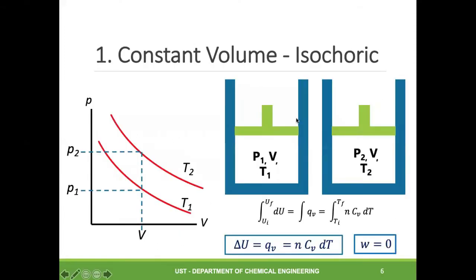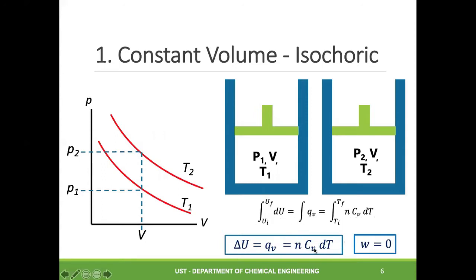Now, let us take constant volume or isochoric. For constant volume, you know that work is equal to 0. From the first law of thermodynamics, the integral of dU from the initial to the final state is equal to the integral of Qv, or constant volume heat, so this is n Cv dT.